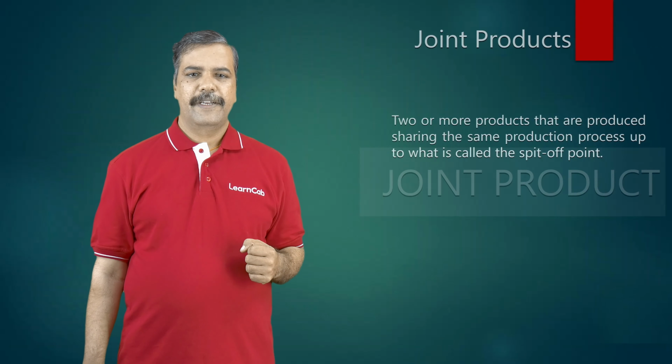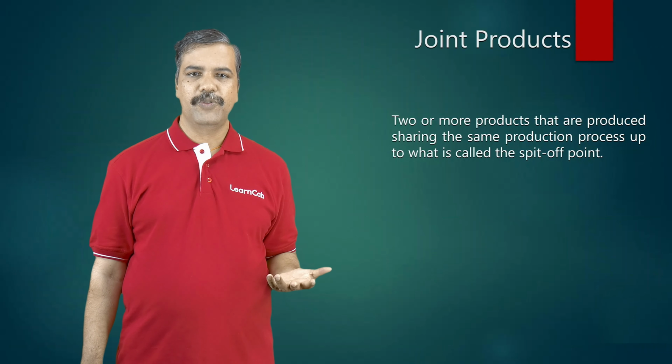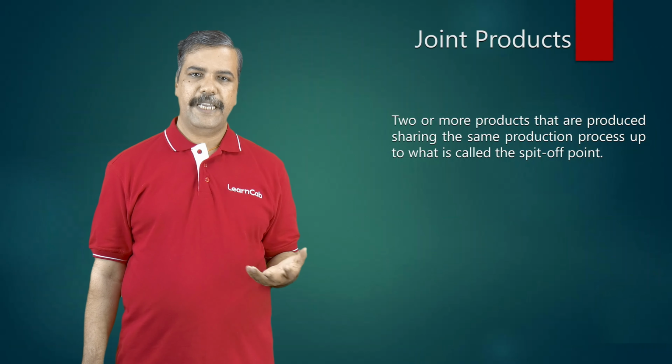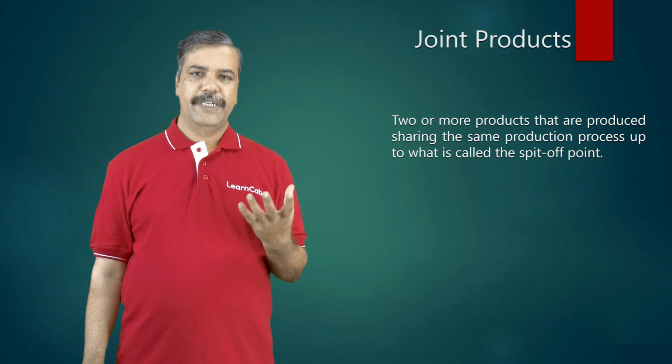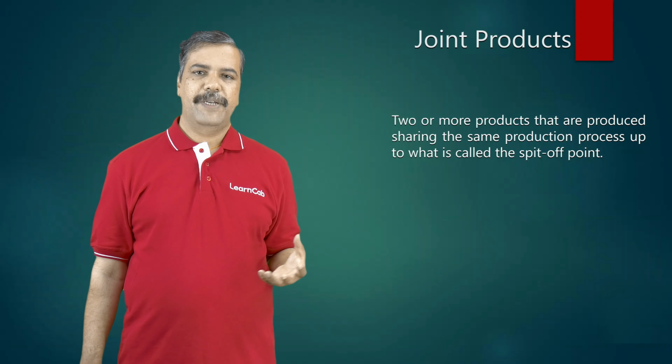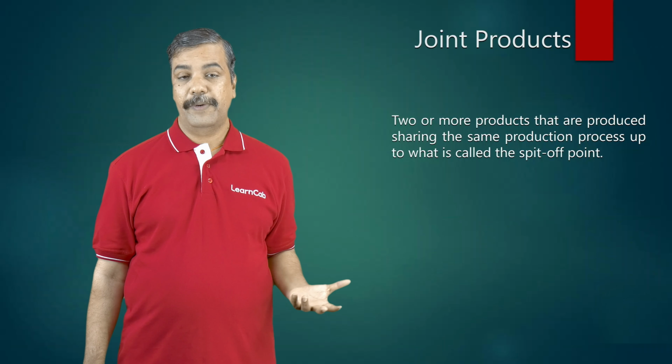First of all, let us understand what a joint product is. When two or more products are produced from the same raw material, that is called a joint product. A company's objective may be to manufacture two or three different types of product by using the same raw material.